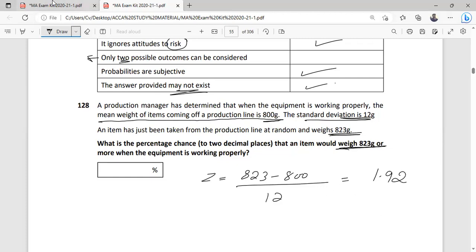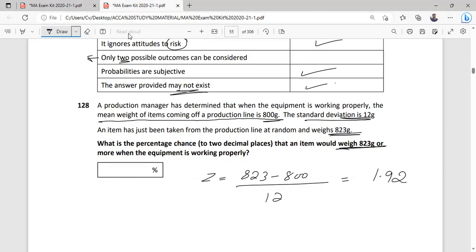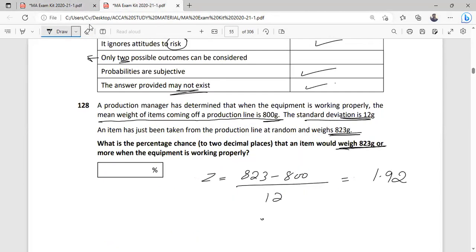Now we will look at this table. 1.9, and this one is 2. It is not the correct value. 0.4726. So the value from the table is 0.4726.